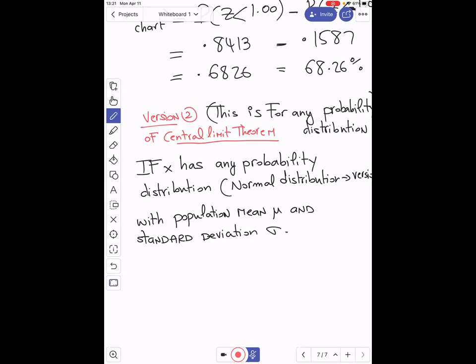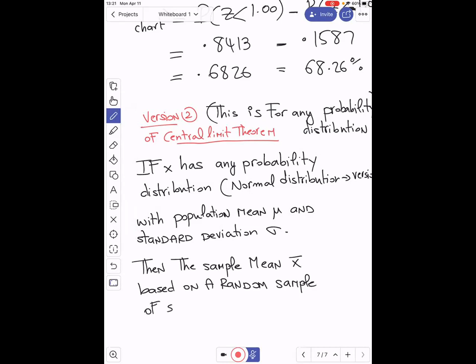Okay, then the sample mean, X bar, based on a random sample of size n.